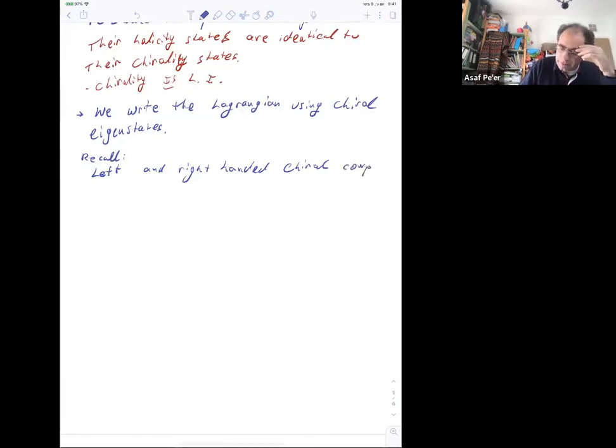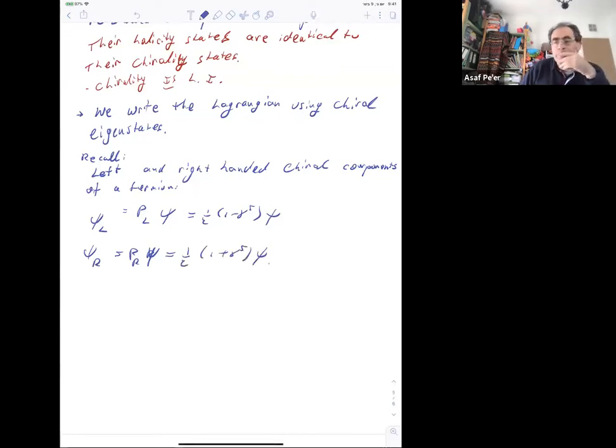You know them as psi L and psi R, right? PL psi, this is PR psi. This is just half 1 minus gamma 5 psi. This is half 1 plus gamma 5 psi.